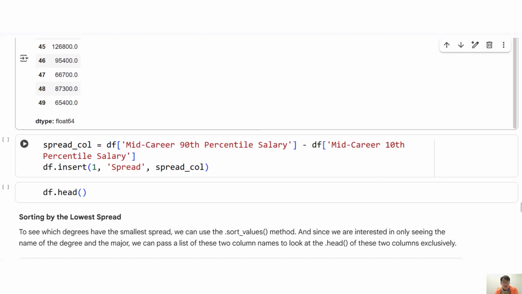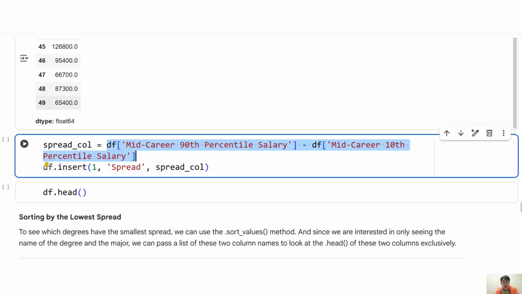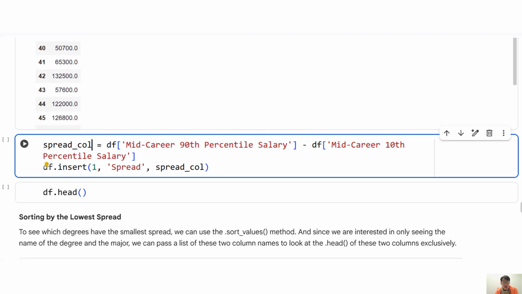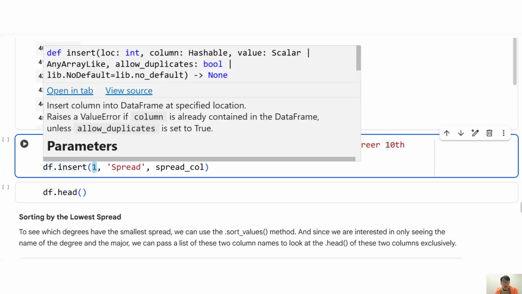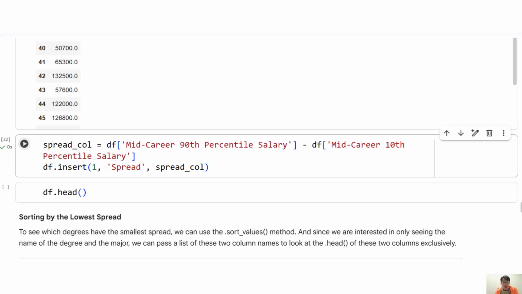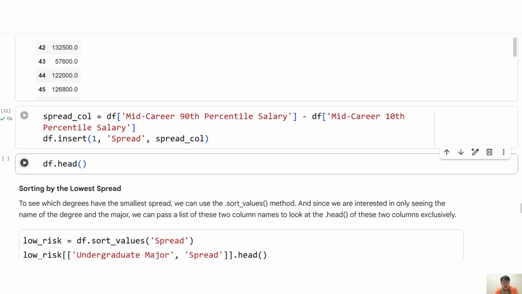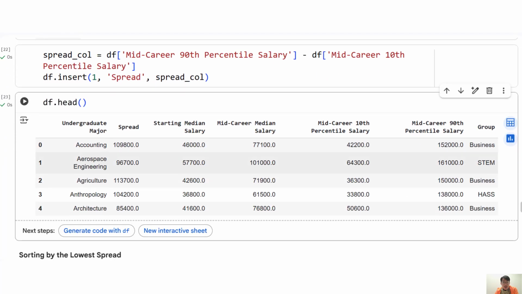And here I assign this column to a new variable called spread column and insert it into the original data frame, in the second place. If I execute it and view the data frame again, you can see there's a new column called spread, and this number came from the difference between this and this.